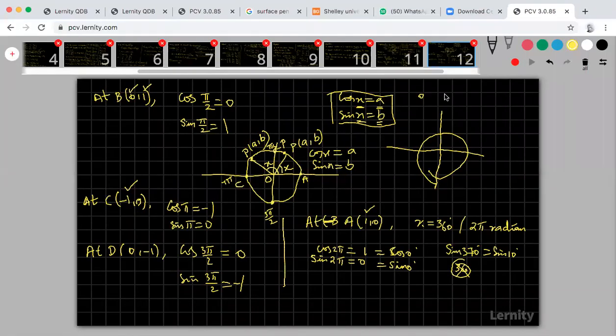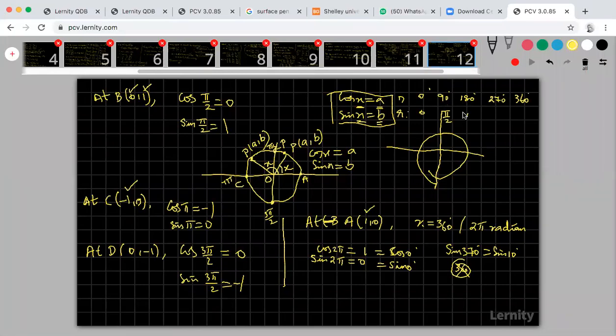0 degree, 90 degree, 180 degree, 270 degree, 360 degree. These are degree values. So this is degree, this is radian. How is the radian mentioned? 0 degree is 0 radian. 90 degrees means pi by 2. Why? We have already known that 360 degrees equals 2 pi radians, 180 degrees equals pi radians, 90 degrees equals pi by 2 radians.